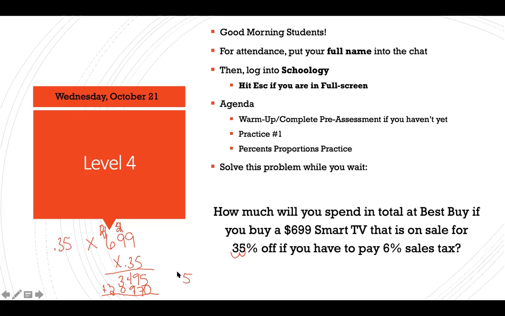So 5, 16, 14, 4, 2. I have 2 decimal places. Okay, so I'm going to be saving $244.65, right? That's what 35% off is.